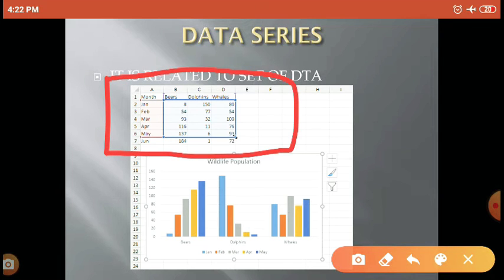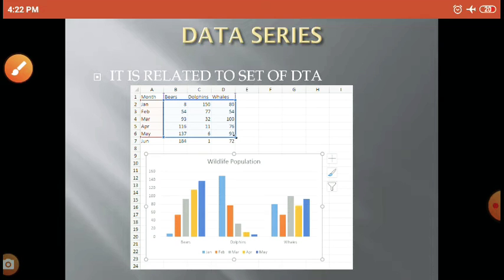Now, wildlife population I have created. Bears, see, in January they were how much? 8. After that dolphins 150. See, it is 150. After that whales 80 only. So this pointing of data in a chart is called your data series. Okay class, hope you understood what is data series.